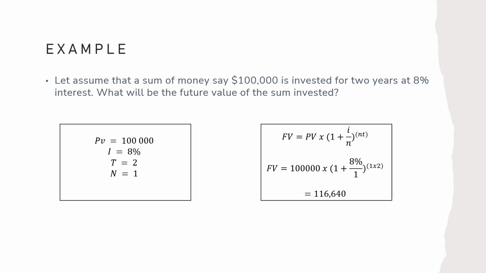The present value is $100,000, the interest is 8%, the number of years is 2, and the number of compounding periods per year is 1. After we calculate, we get the answer 116,640.